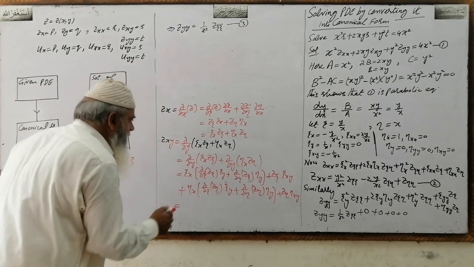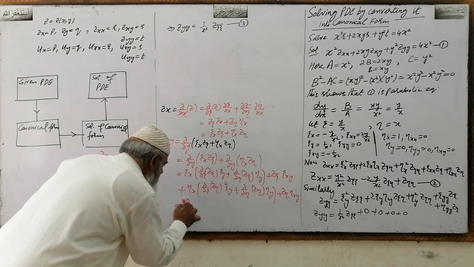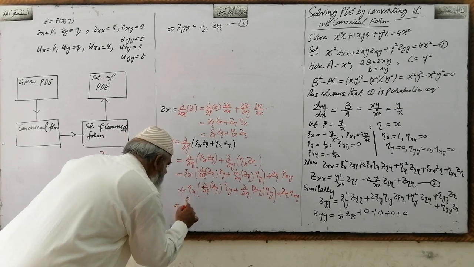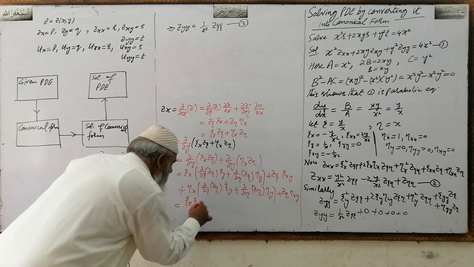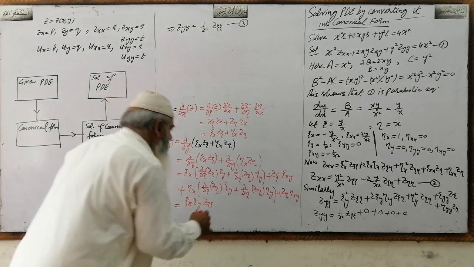Now simplifying it, ξx ξy, and this is z double ξ.